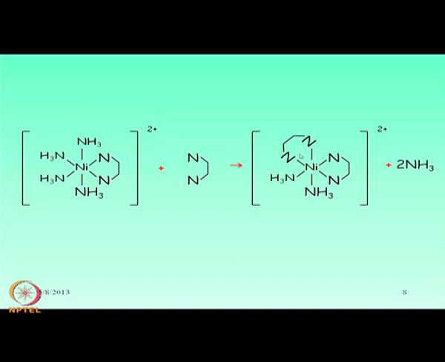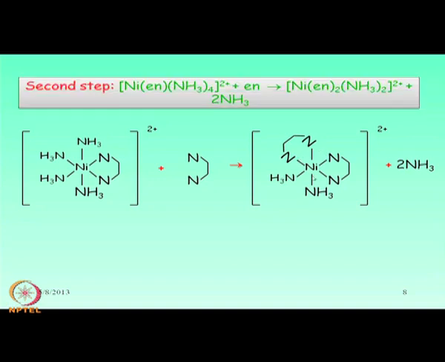So, the second chelate ring is also attaching to the molecule, and we can write this particular equilibrium, utilizing the reaction for Ni(en)(NH3)4 2+ plus en, giving rise to Ni(en)2(NH3)2 2+ plus 2 NH3 molecules which were present.